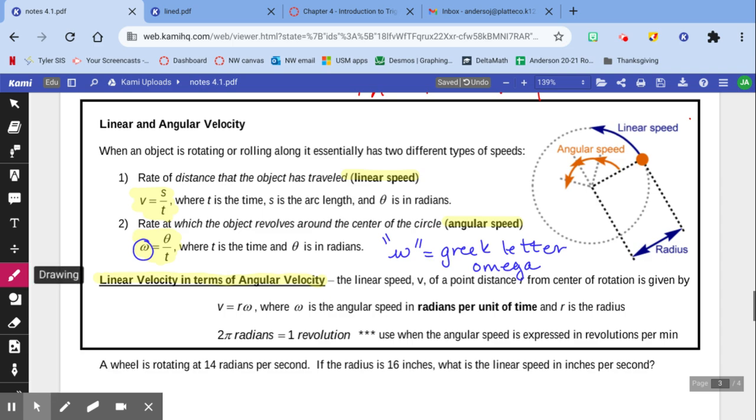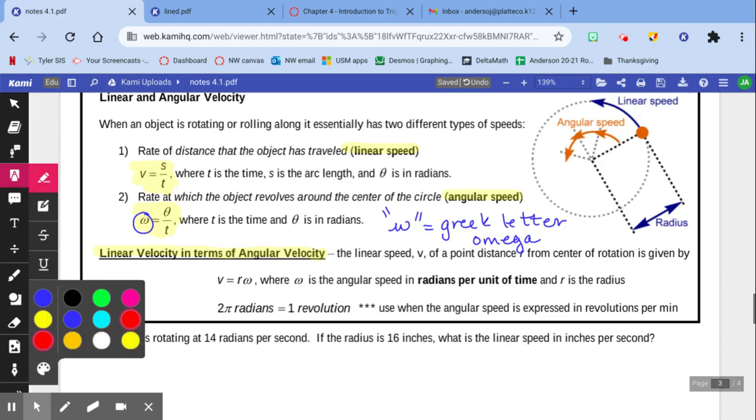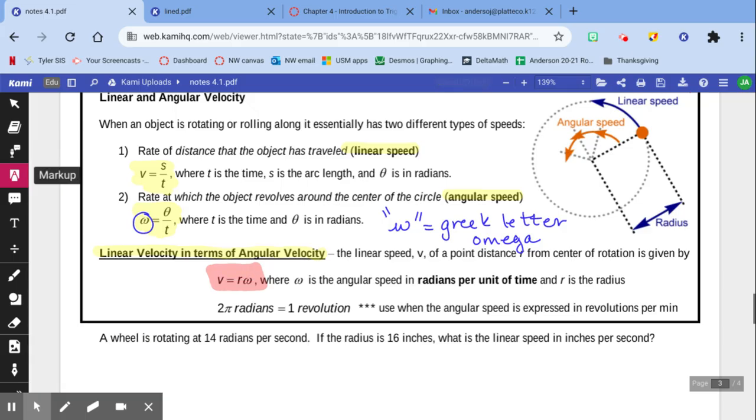So if you hear me mention that, you'll know what we're talking about. We're going to be talking about linear velocity in terms of angular velocity, or linear speed in terms of angular speed. The main formula that you're going to need for that is this one right here, the radius times the angular speed.